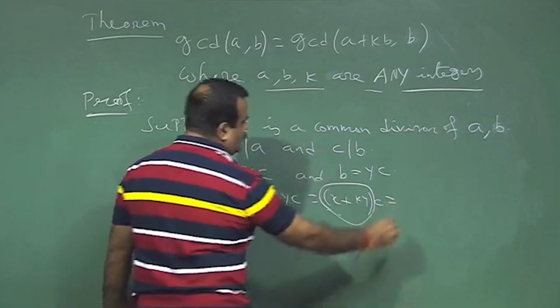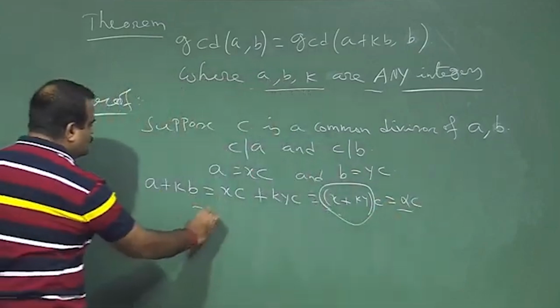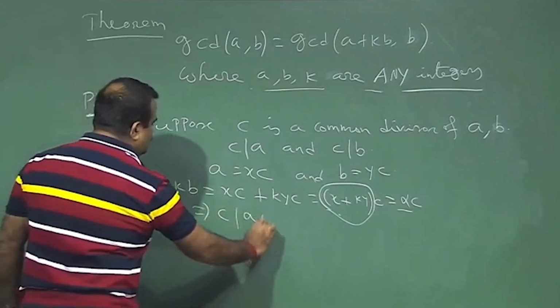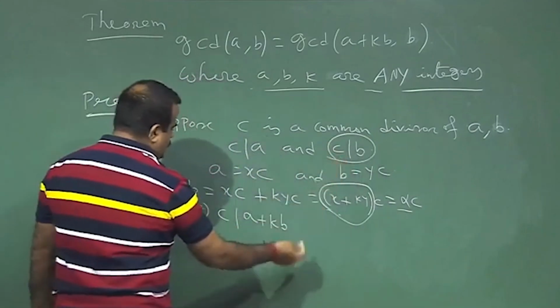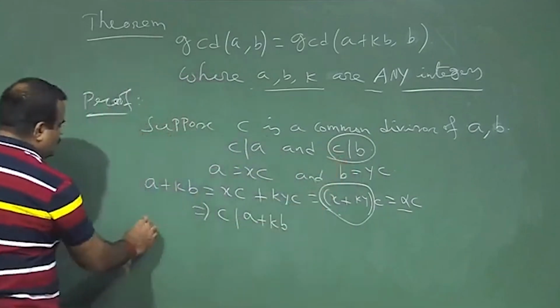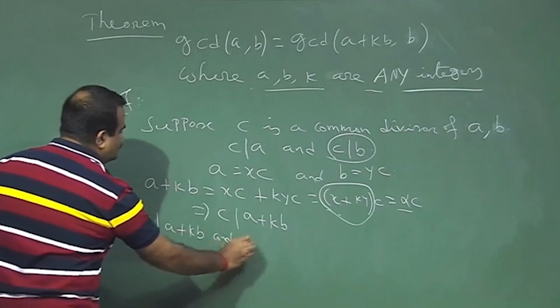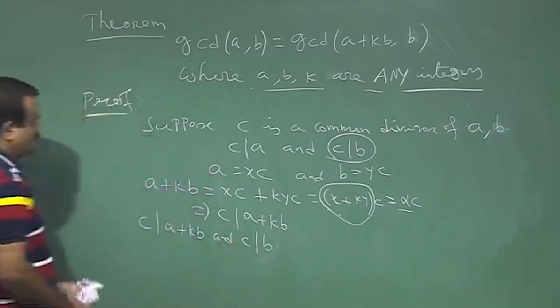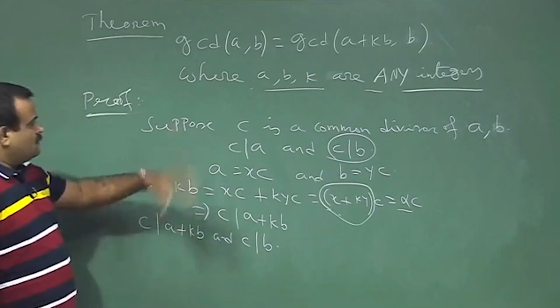So this is some alpha C, where alpha is an integer. This implies C divides A plus KB. Now we already know C divides B, so C divides A plus KB and C divides B. That means C is a common divisor of A plus KB and B. So one part is done.